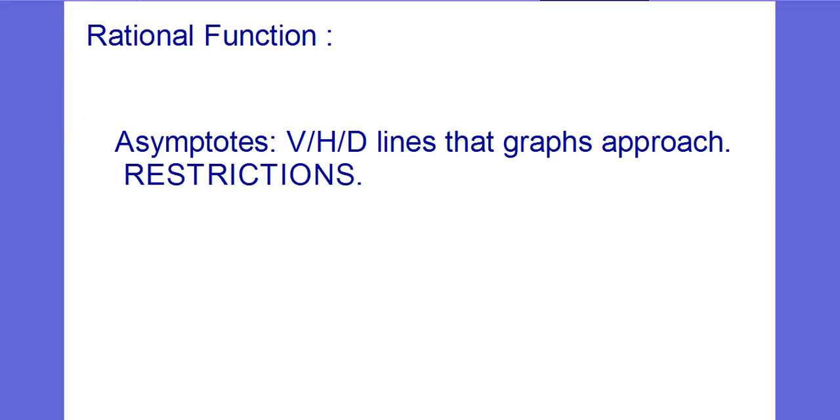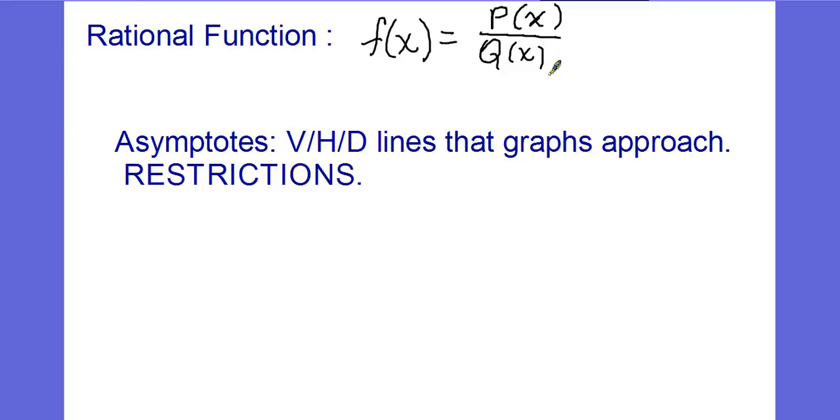So let's talk about what is a rational function. A rational function comes in the form f of x is equal to a polynomial, so capital P of x, please make that a capital P. It's a polynomial numerator over Q of x, which is just another polynomial. So P of x over Q of x.